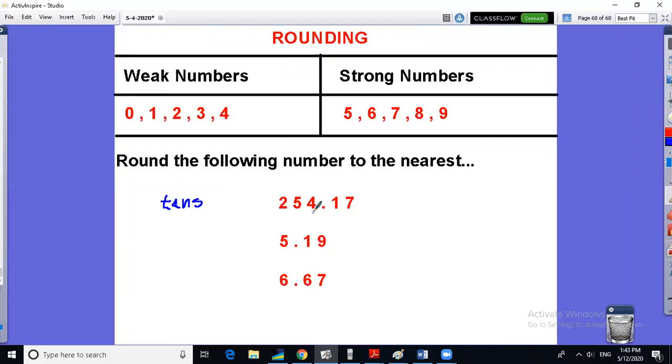Before the decimal point, the first digit is the ones. Then here we have the tens, which ends with an S. So here is the tens. After that, we have the hundreds, thousands, and so on. After the decimal point, we have the tenths, and then the hundredths, and so on.